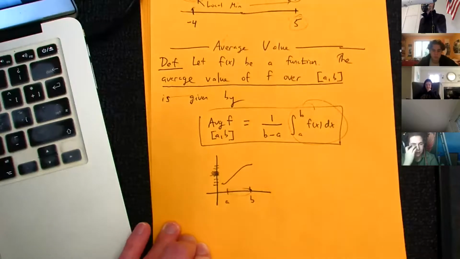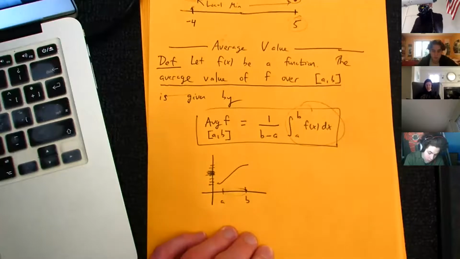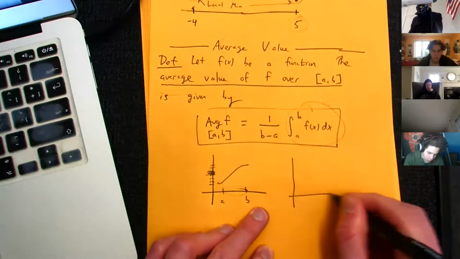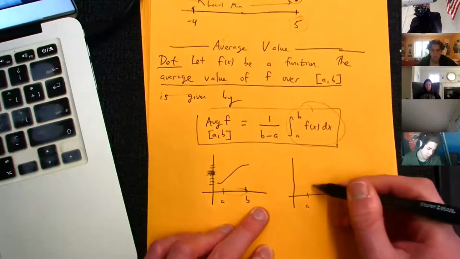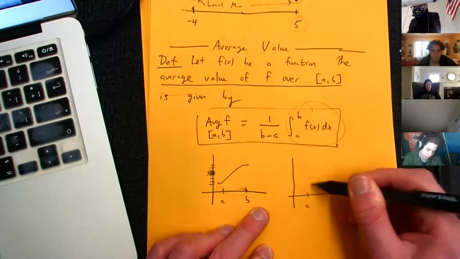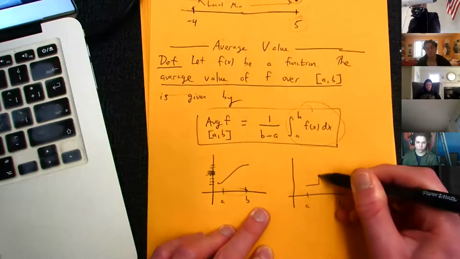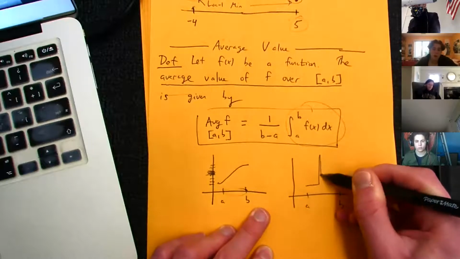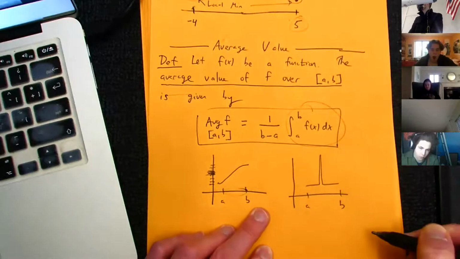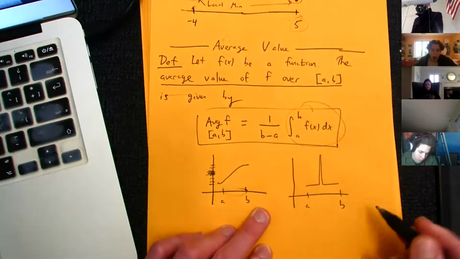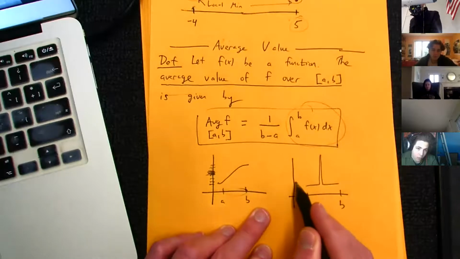Maybe that seems like a typical value, sort of in the middle. But it's kind of a weighted average. Let's say your function looked like this, pretty flat, but then there's a big spike that only happens for a brief second, and then it goes back. The average value in this case would be not right in the middle, but rather more like right here.